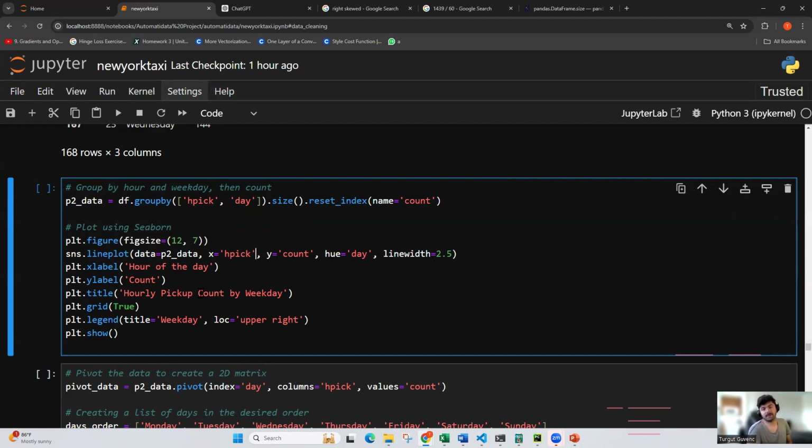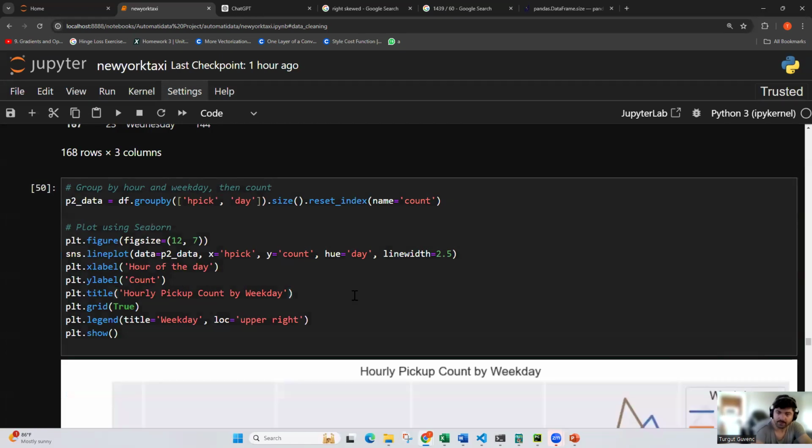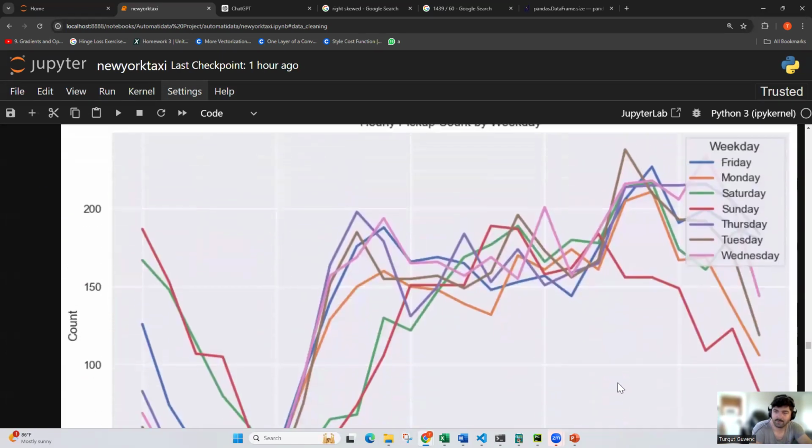Then we give the names of the labels and titles, right? Also grid true, and we are adding the legend, right? Okay, so what we are showing here for each day: Friday, Monday, Saturday, Sunday, Thursday, Tuesday, Wednesday.